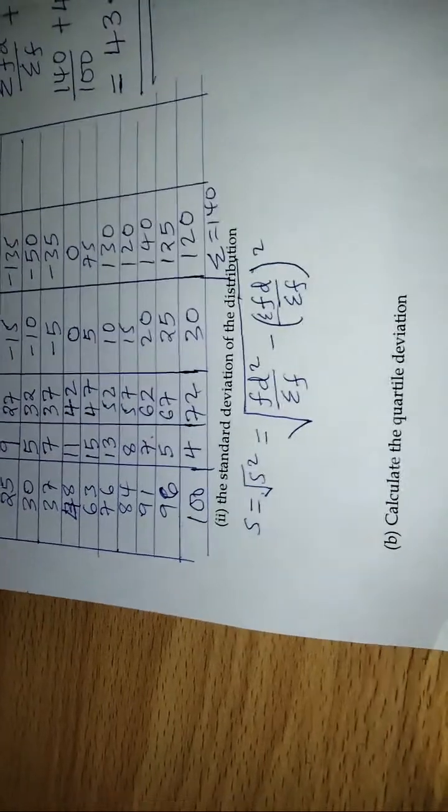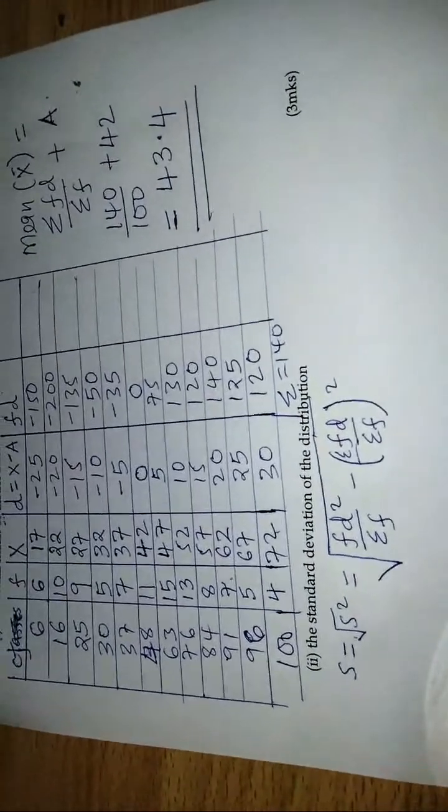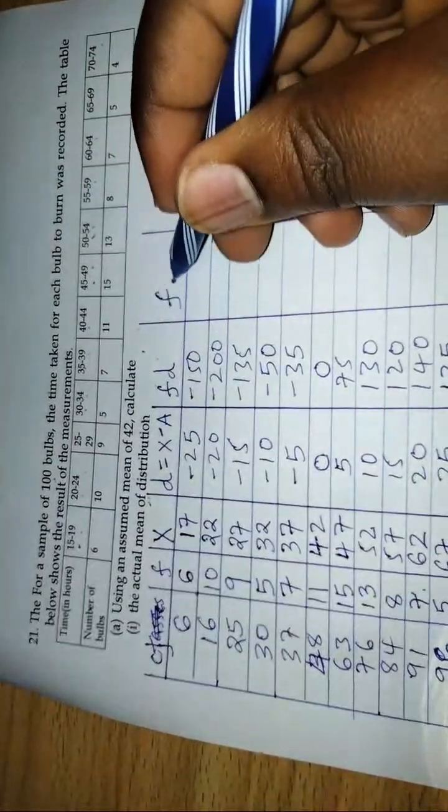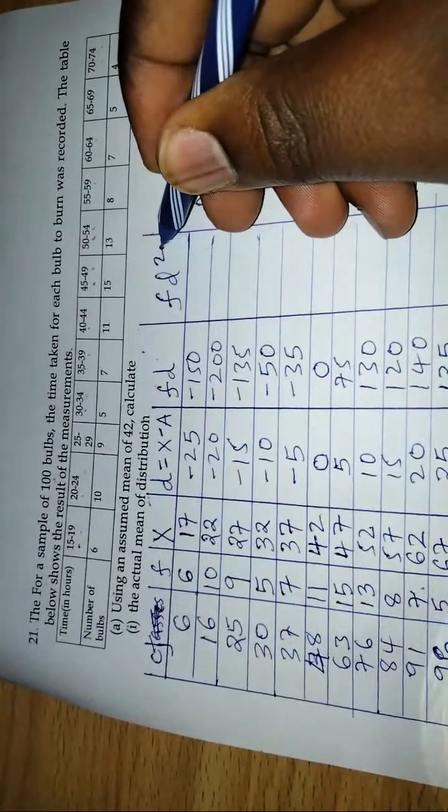So with this formula, I'm going to get the standard deviation after getting the variance. Therefore, I need to get fd squared.